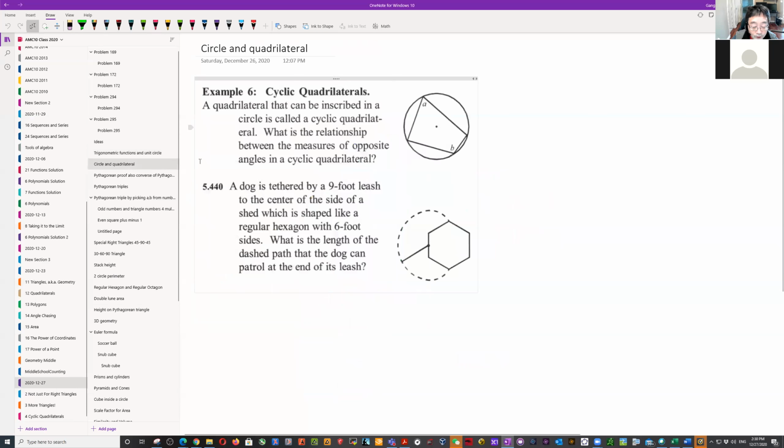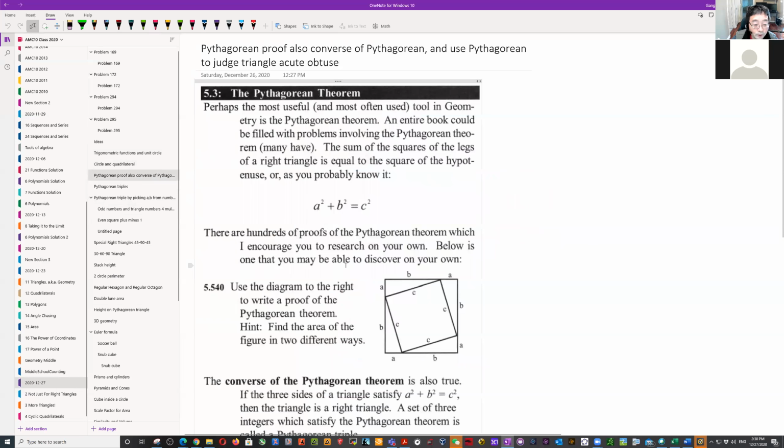And that's from last time. I'll ignore these examples and go to the next one. This is the Pythagorean proof. This is a square used to prove it, and pretty much everyone knows it. The side of the big square is a plus b, so a plus b square is a square plus b square plus 2ab.